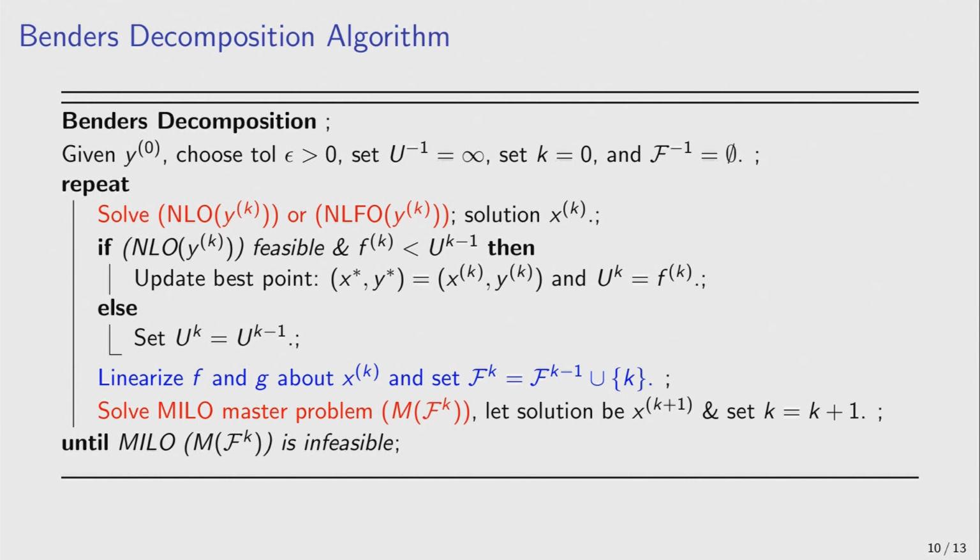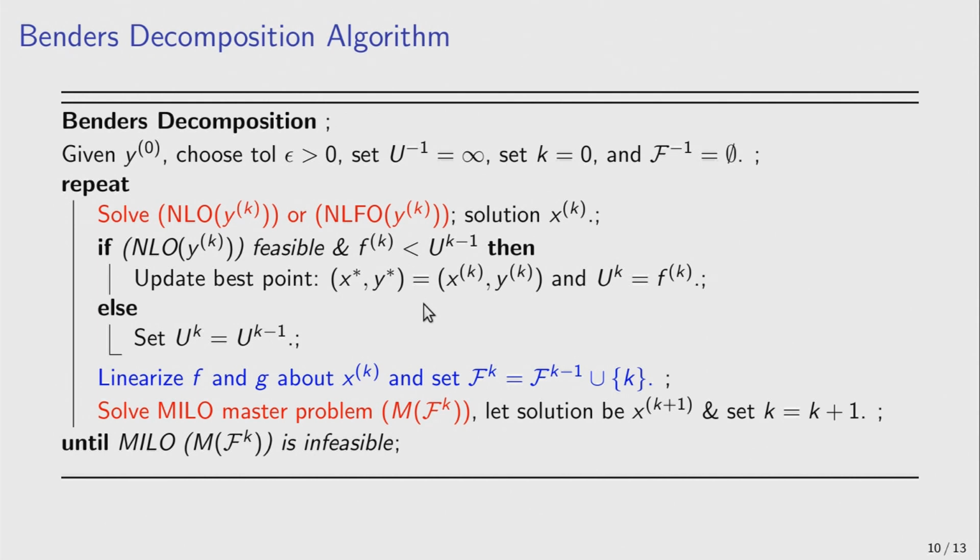So here's what the algorithm would look like. You're given an initial guess, and that's where you first evaluate, where you generate your first cut. Then you solve either the nonlinear optimization problem or the nonlinear feasibility optimization problem, and you get a solution that corresponds to this integer point. If this problem was feasible, and if its objective function value is less than your upper bound that you set here, then that means you have a new incumbent.